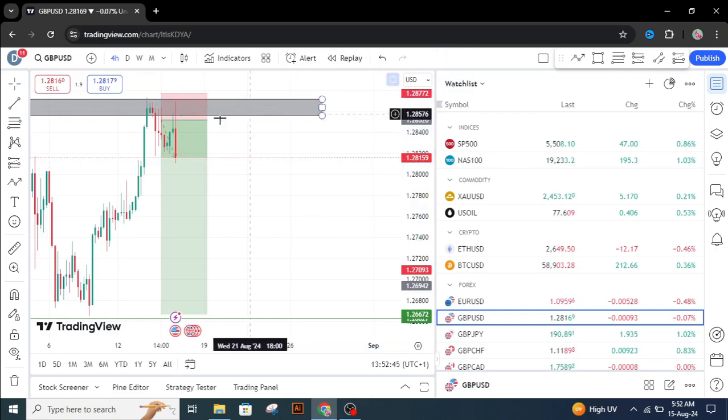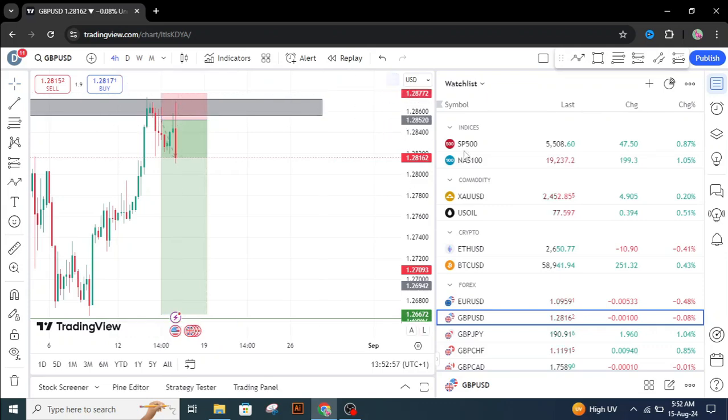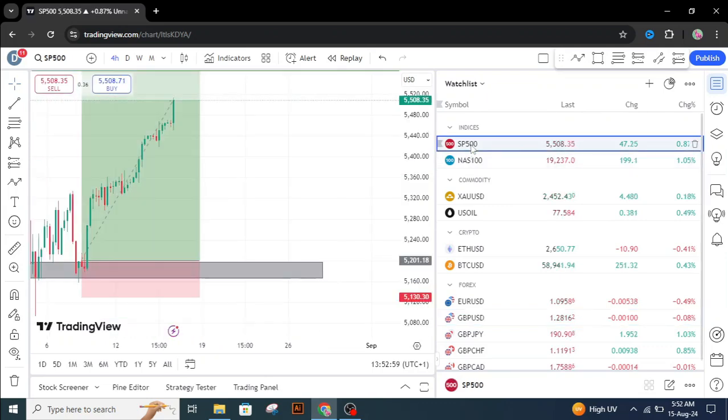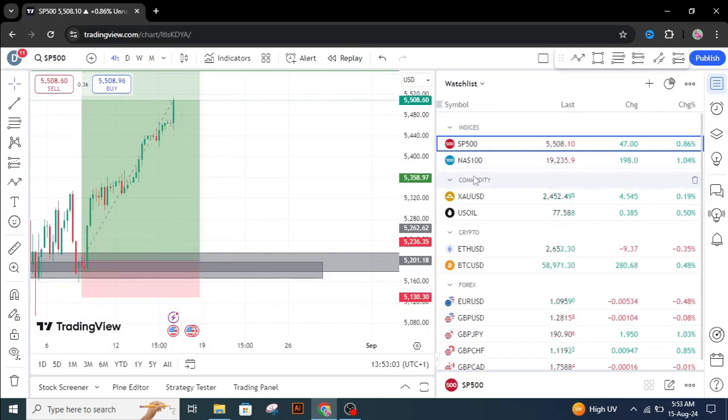And moreover, this one gave me a good entry because I always like my stop loss to be above a resistance or below a resistance. That is what I like. Just like we have on S&P 500 here, you can see I always like my stop loss to be below a resistance zone, a key level zone. So that is the second price action pattern that I love to trade.